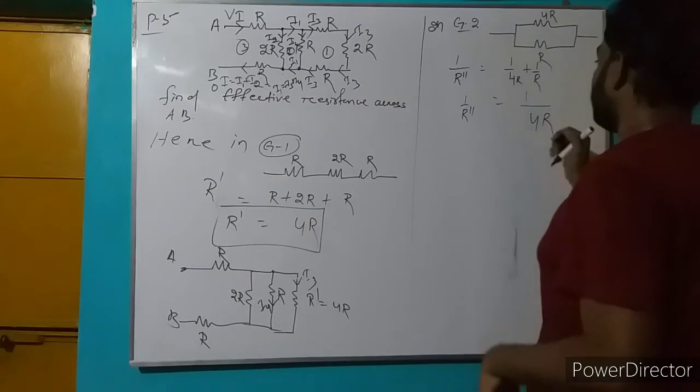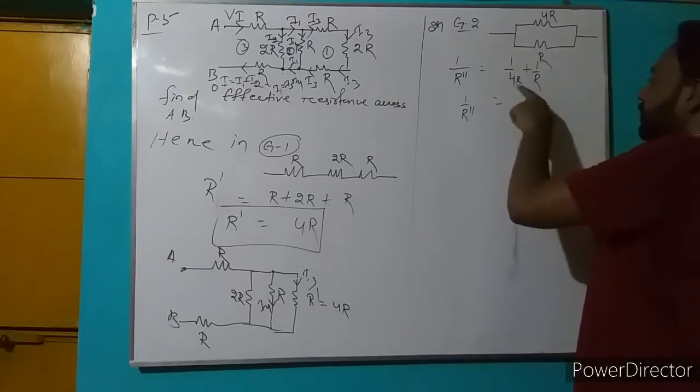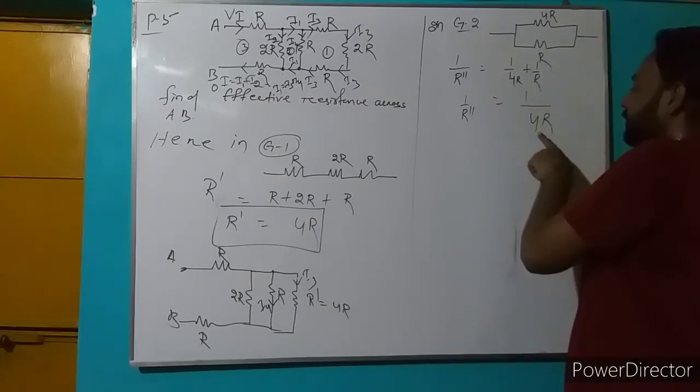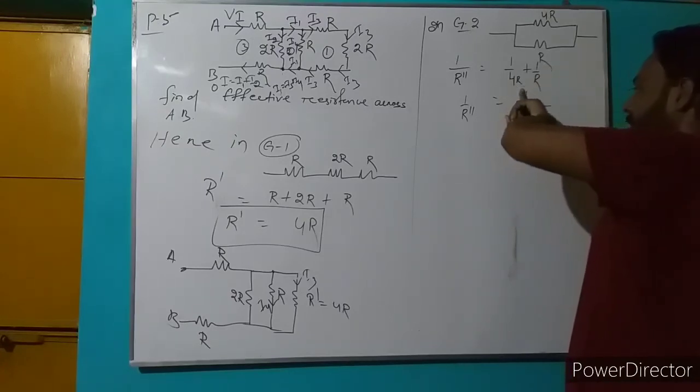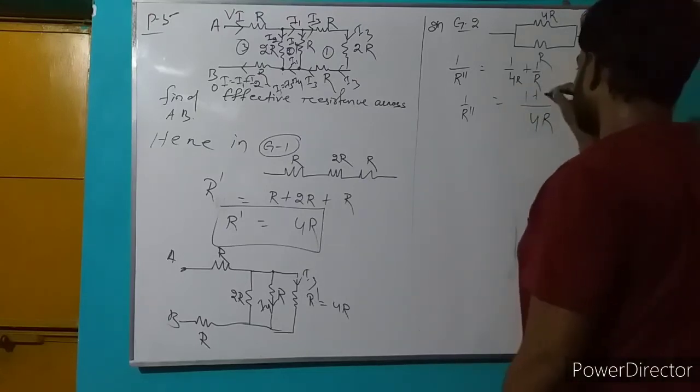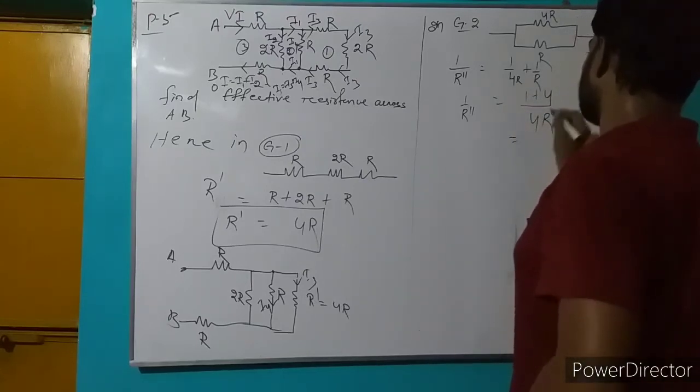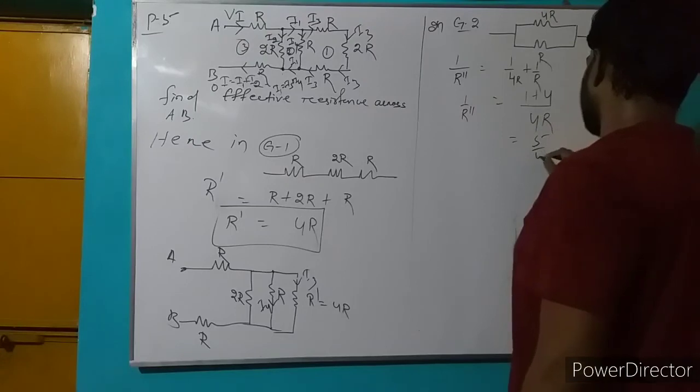The LCM of 4R and R is 4R. Now 4R divided by 4R is 1, so we represent 1 here, and this one is 4 here, but that implies 5 by 4R.